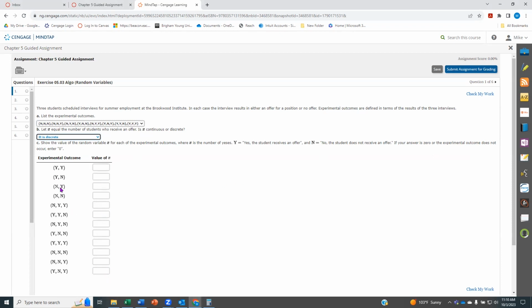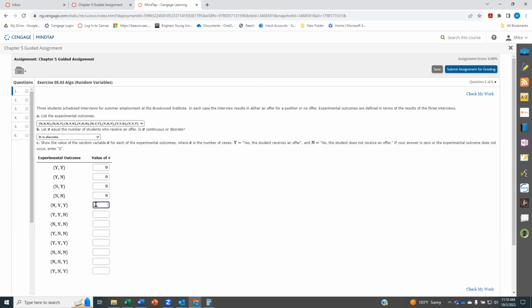But in these first 4, you can see there's only 2 items in each experimental outcome. And those can't happen, right? Because there's 3 people, we have to have 3 items in there. So we're going to put 0 because these don't happen. And then for the rest of these, we'll just count the number of yeses.